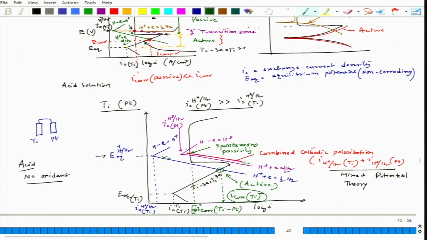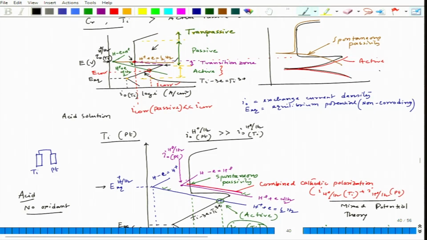At the same time, if you notice, I_corr of the titanium-platinum couple is much less than I_corr on titanium. So when there is no coupling, and since this is on a log scale, that difference would be a few orders of magnitude, and the polarization plot would look like this.